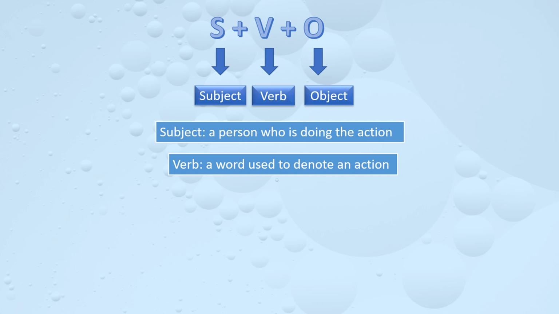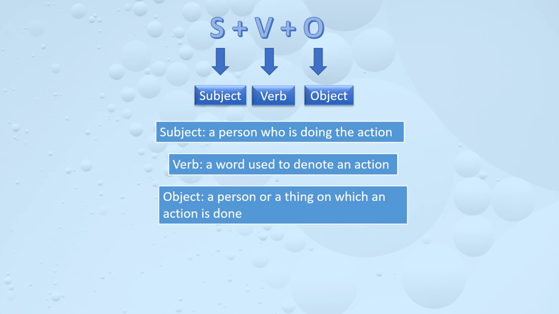Verb is a word used to denote an action. An object is a person or a thing on which an action is done. For example, I speak English. I is the subject here, speak is the verb and English is the object.